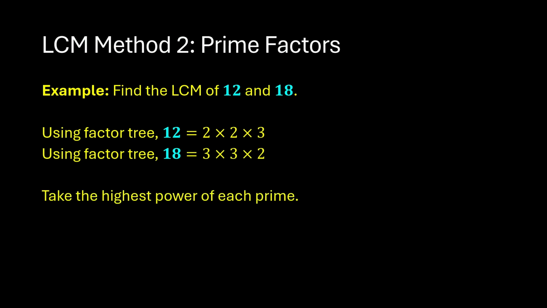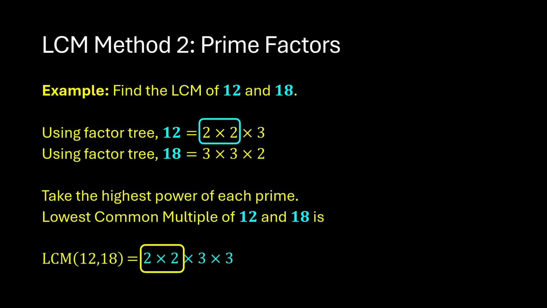We're now going to take the highest power of each prime, and therefore the lowest common multiple of 12 and 18 is 2 times 2 times 3 times 3, as shown here, which gives us 4 times 9, which is equal to 36.